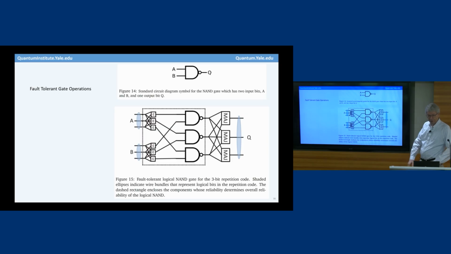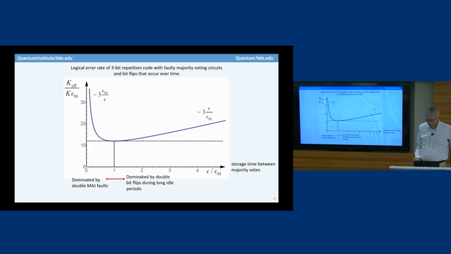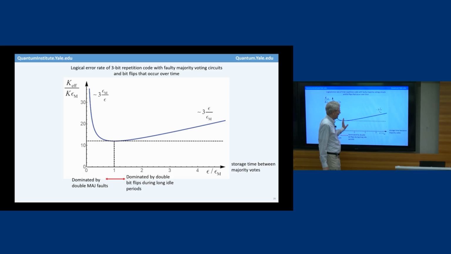All right. You can also do fault-tolerant gate operations. Here's a NAND gate. Yeah. Go back to the last. So is this going to be system or platform specific? Absolutely. So for example, superconducting qubits don't do very well in the idling part.